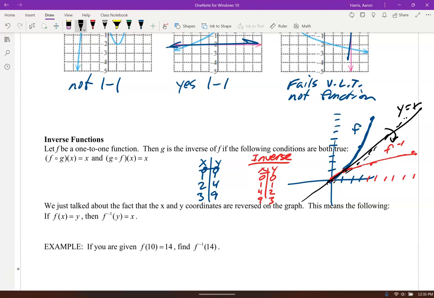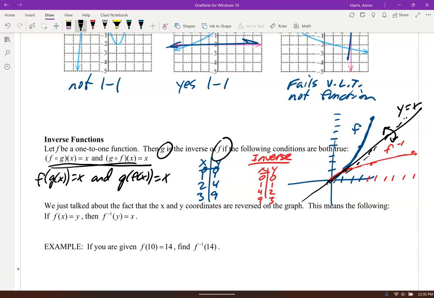Inverse functions also have this property: f of g of x will spit out x, and g of f of x will spit out x. So if g and f are inverses, then that will be true, okay?